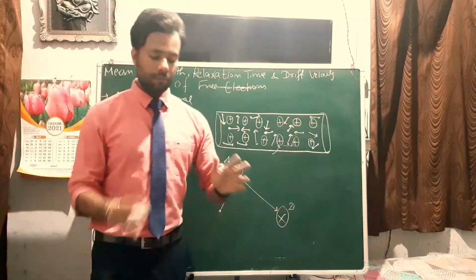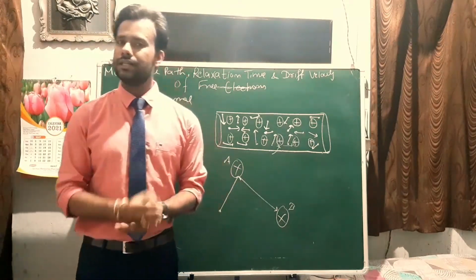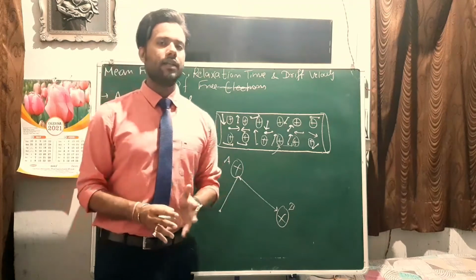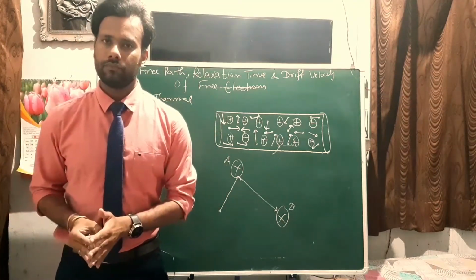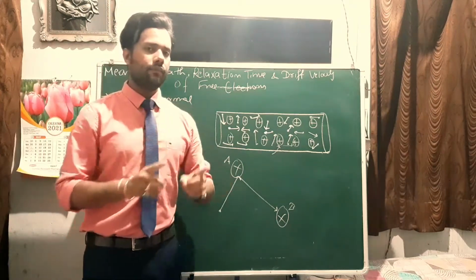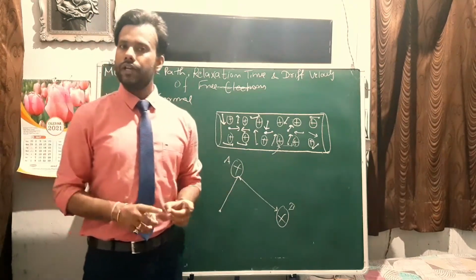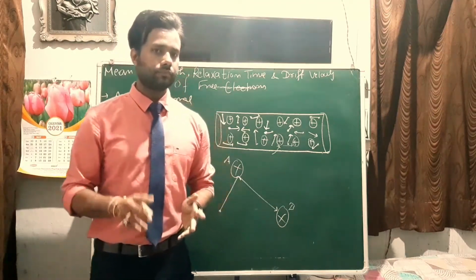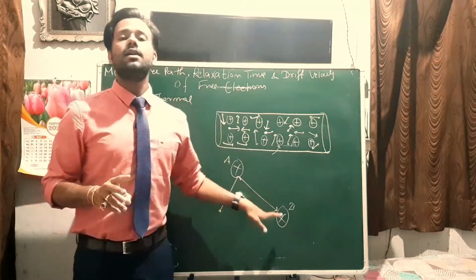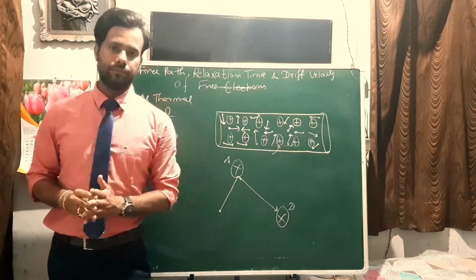What is mean free path? Mean free path is the average distance covered by an electron between two successive collisions.